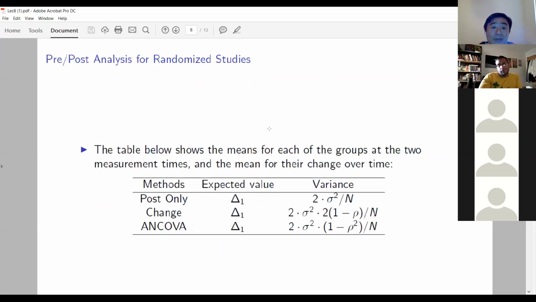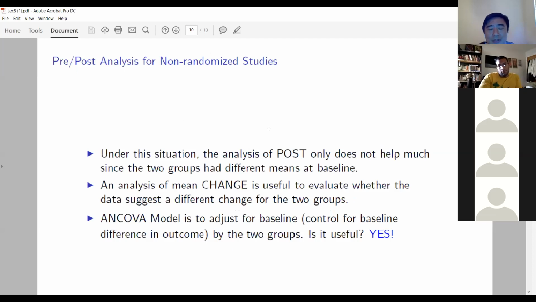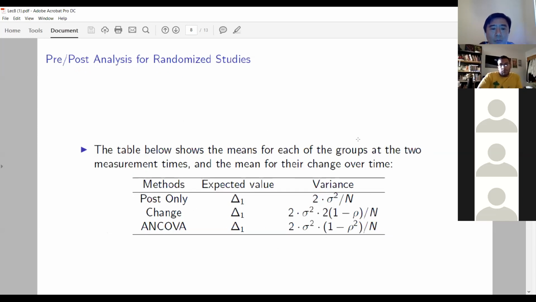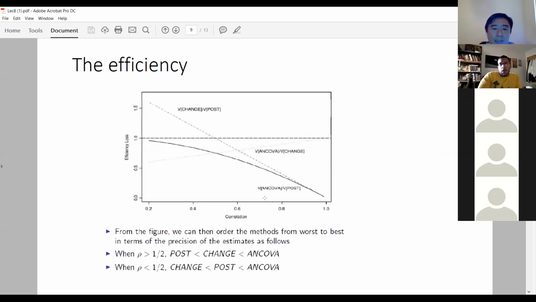And I actually divide it into a randomized versus non-randomized study. In a randomized study, you only need to worry about efficiency, because different types of analysis will give the same result. But ANCOVA is actually the most efficient because it gives you the highest power at the same sample size, or, put another way, at the same power it needs the least number of observations.